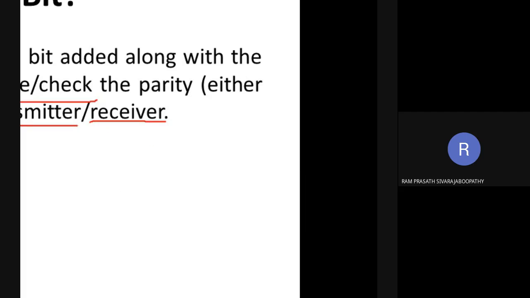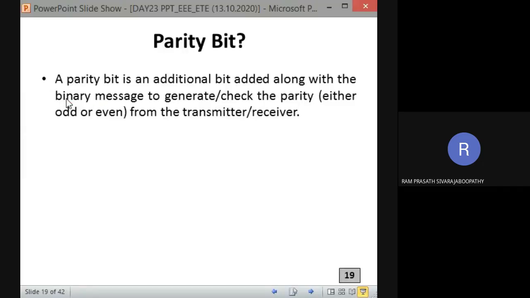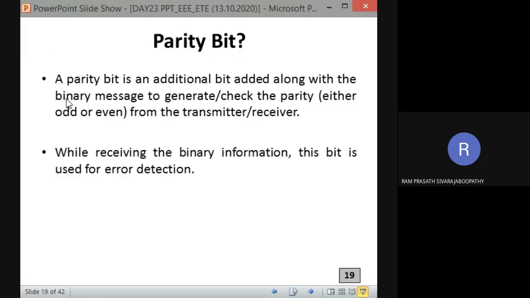So where should we use the parity generator? On the transmitting side. On the receiving side we have to use the parity checker circuit. We have two circuits: one is the parity generator, the other is the parity checker. Fine. So now we move to the next point. While receiving the binary information, this bit is used for error detection. So why do we use the parity bit? Having only the message is not enough.